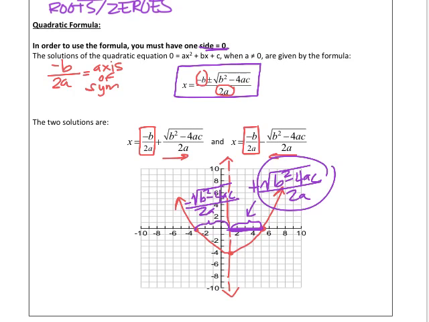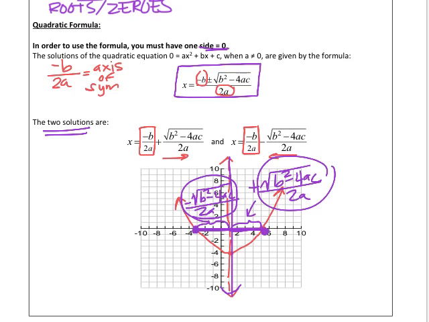Okay, so if we had an actual equation and we actually plugged in b and a and c, you would see that. And then the distance from the axis of symmetry over this way is this distance. Okay, so that's why there are two solutions. We know that there is a place on the parabola that is going to cross the x-axis here and the x-axis here, and there's a certain distance from the axis of symmetry that those 2 points are going to take place.